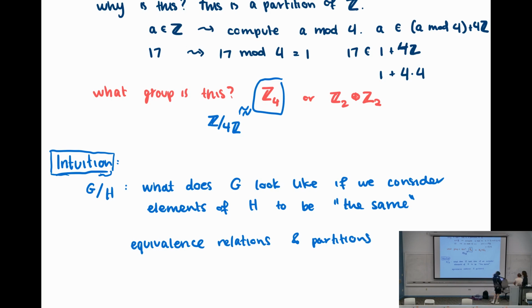I mean, my other thought was maybe this is a hint to do orbit stabilizer, but I don't see how that would be the case. I feel like that might be a good way to go.